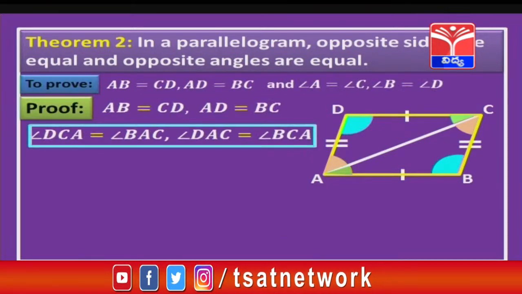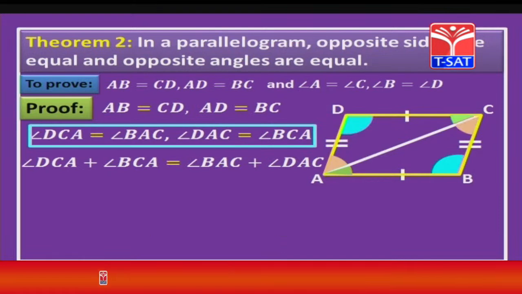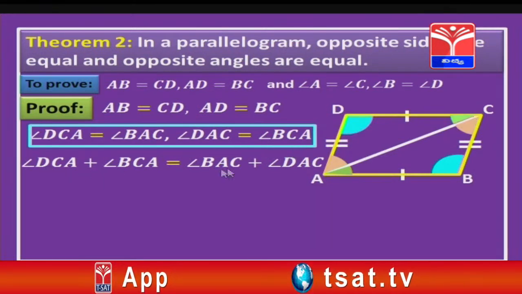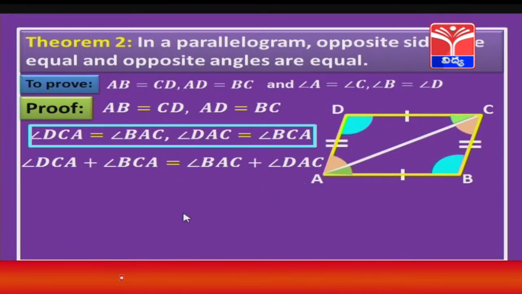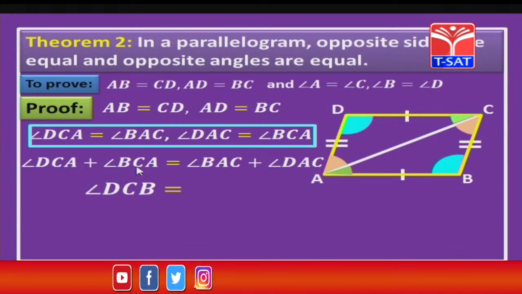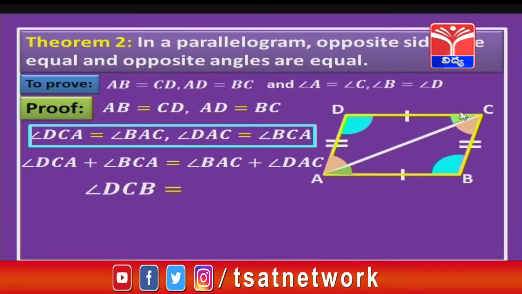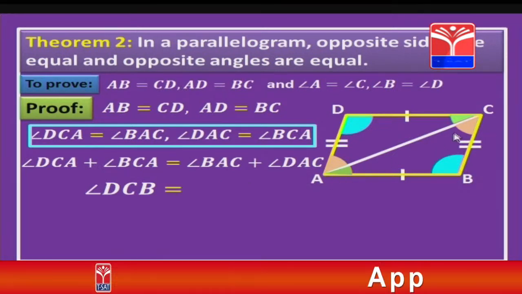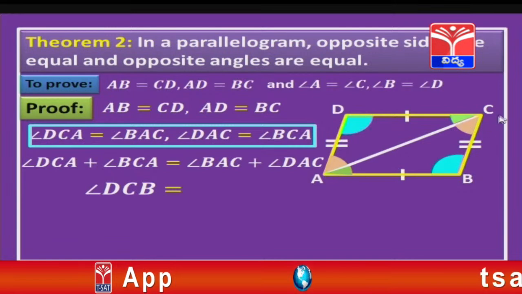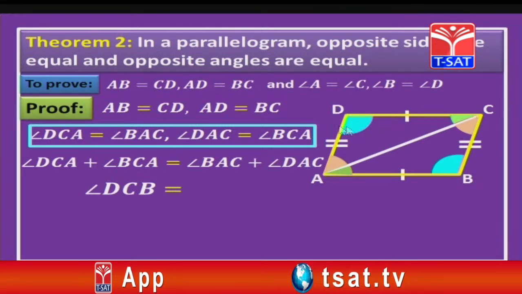Now, from these what I do is I will add them, like I am adding DCA plus BCA is equal to BAC plus DAC. Now, let us see what do you get. So, DCA plus BCA, DCA this part, and BCA, so this part. So, sum of these two is what? Angle C, right? That is, I can write DCB.